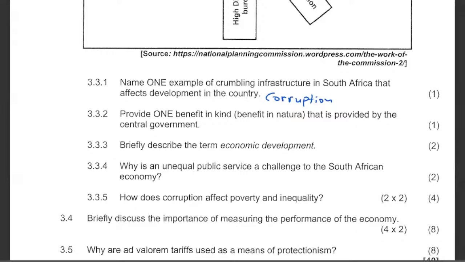They provide the creation of job opportunities. Okay, so now let's check 3.3.3. Briefly describe the term economic development. Economic development is an improvement in terms of the standard of living of the household.